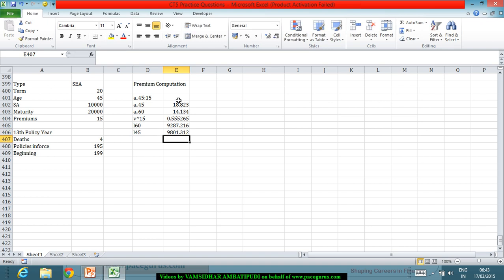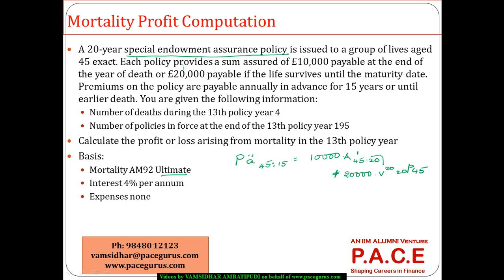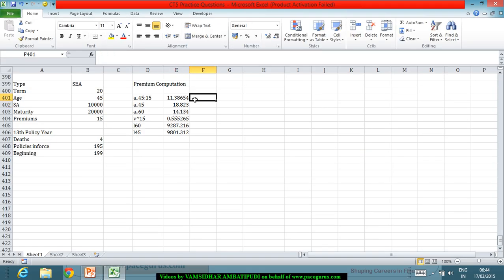Based on this, I can find ä 45:15, which is ä 45 minus v^15 times 15p45, which is L60 by L45, times ä 60. So this comes out to some 11.38. So this is the premium part.